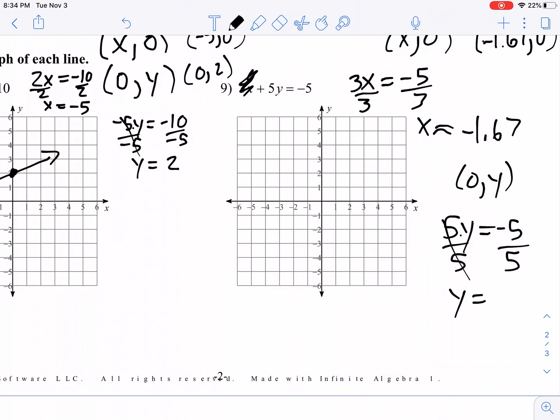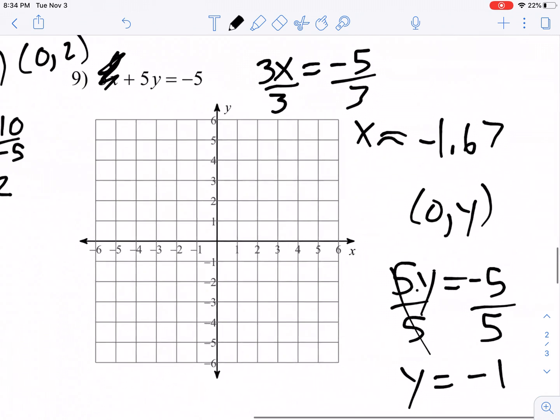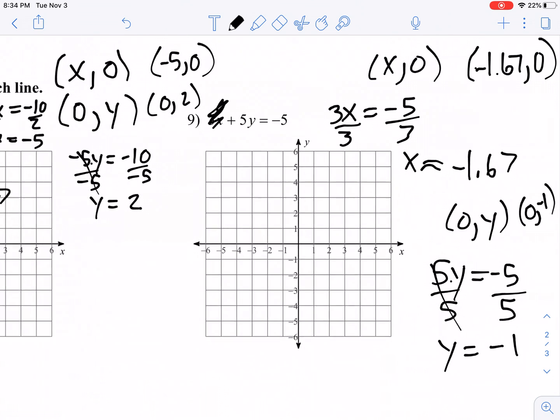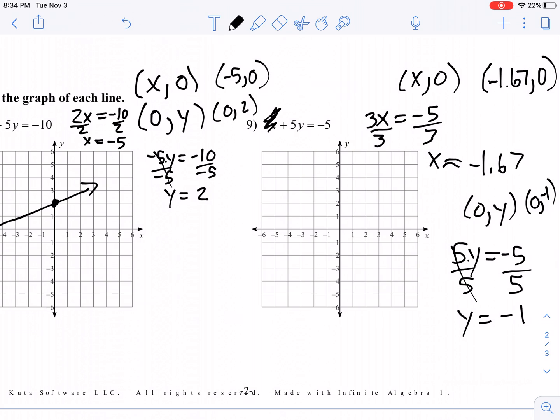Well, negative and a positive makes negative. 5 divided by 5, 1. So my y-intercept would be 0, negative 1. So my x-intercept is negative 1.67, approximately, 0.